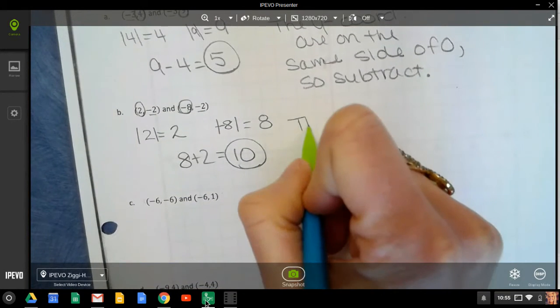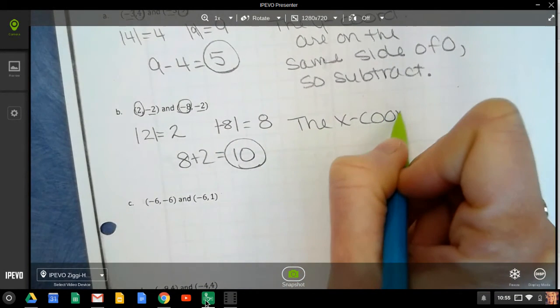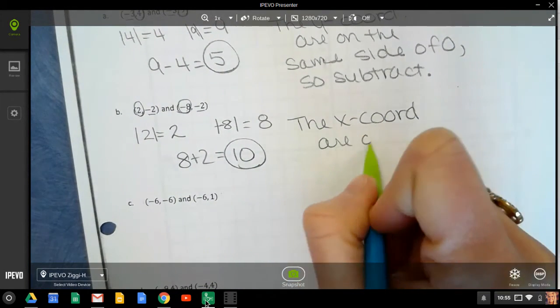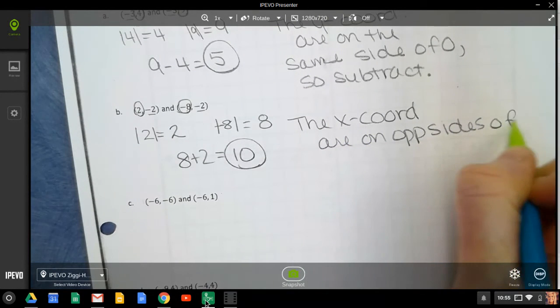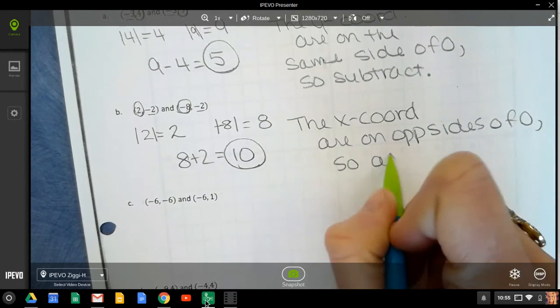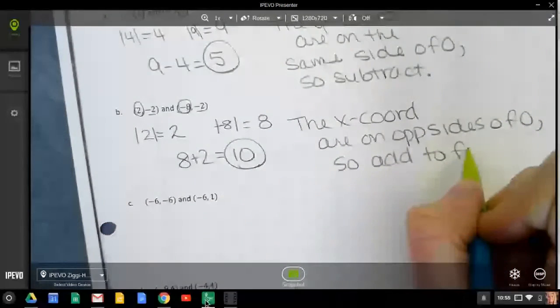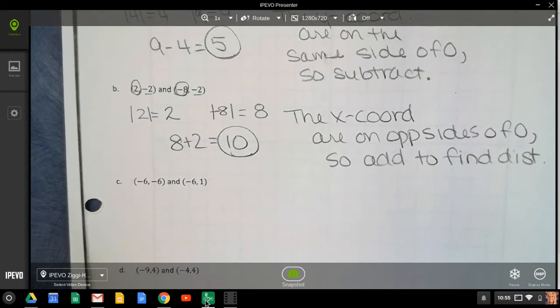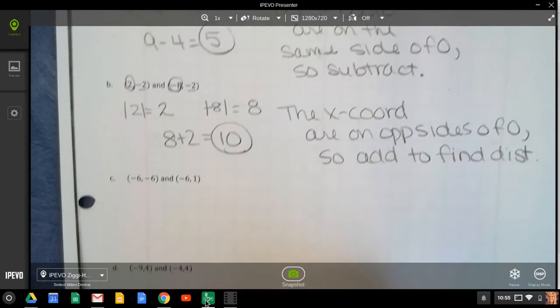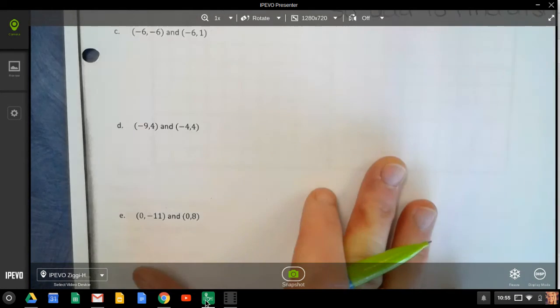Okay, the reasoning, the x coordinates are on opposite sides of 0, so add to find distance. Okay? I hope you understand that. Now, I want you to go ahead and answer C, D, and E on your own.